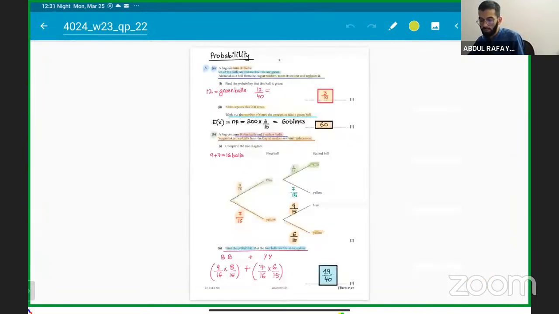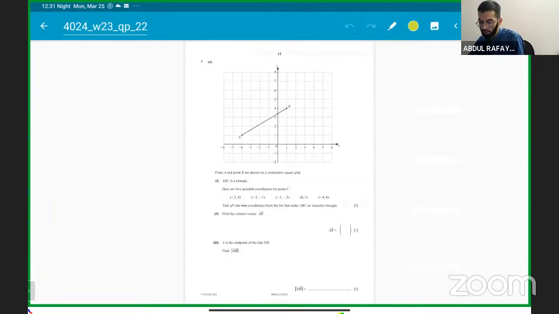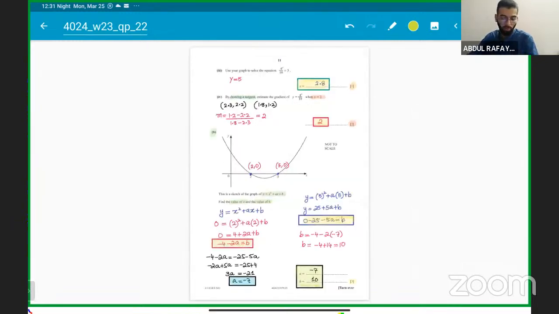In this graph paper, it looks like this. Understood, sure about it? Got it, guys, clear? No problem.